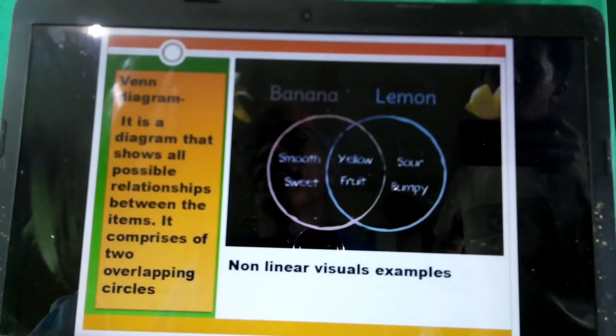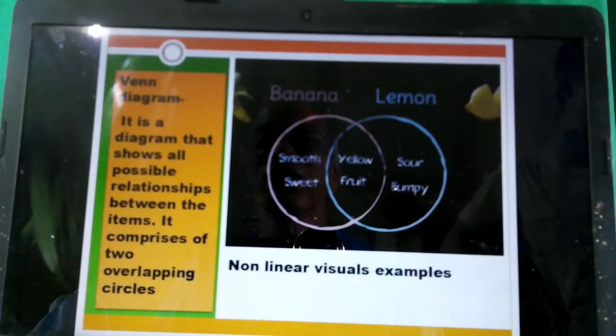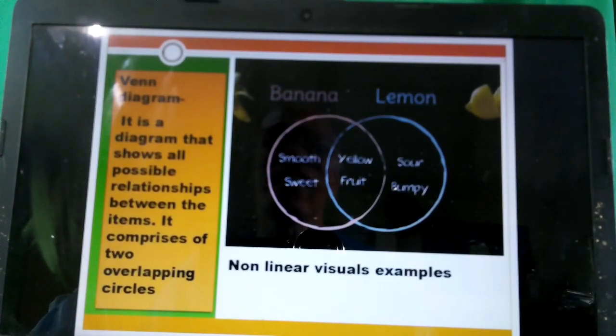Okay, another one is the Venn diagram. It is a diagram that shows all possible relationships between the items. It comprises two overlapping circles.